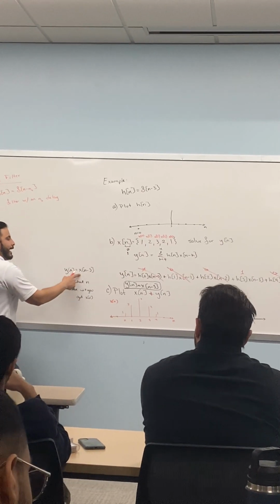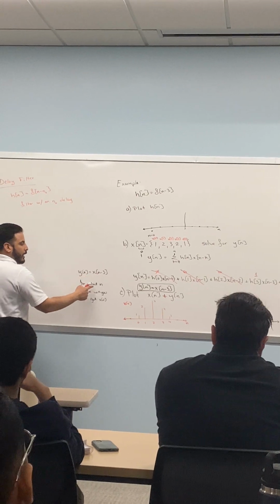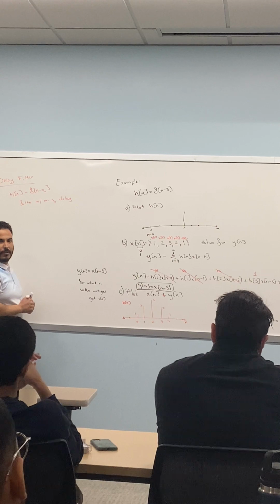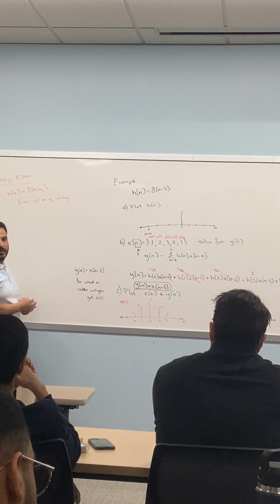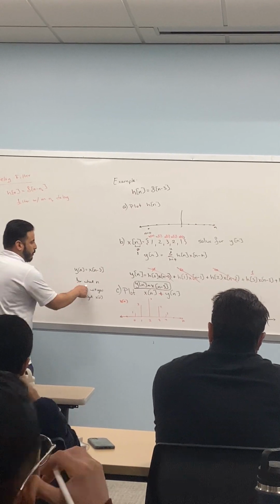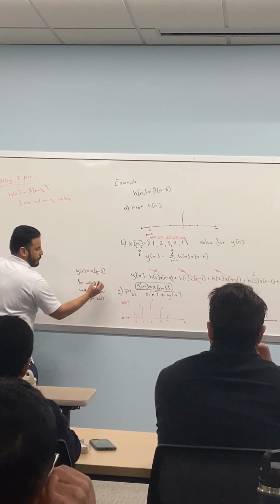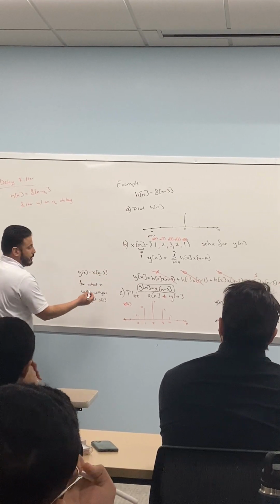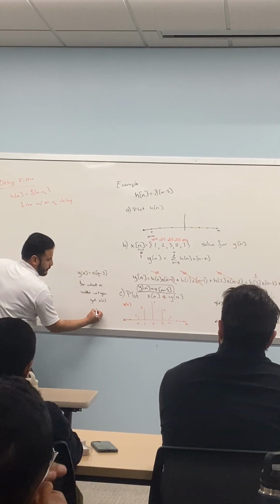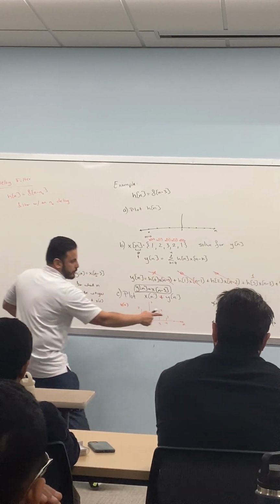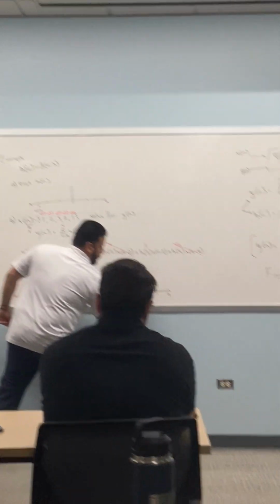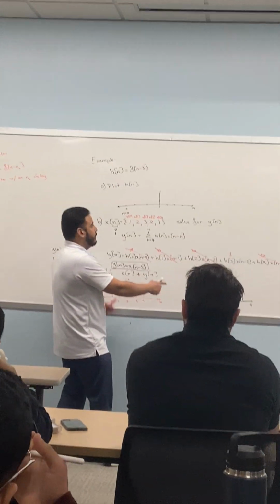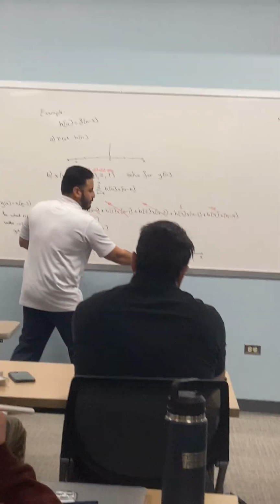So which is why I asked you, for what n value will you get x of 0? 3? Yeah, 3. So at n equals 3, you get x of 0, which is 1. And for x of 1, it would have to be 4.